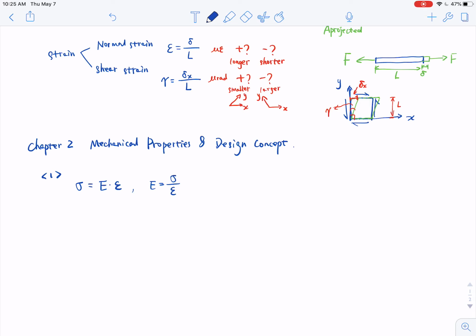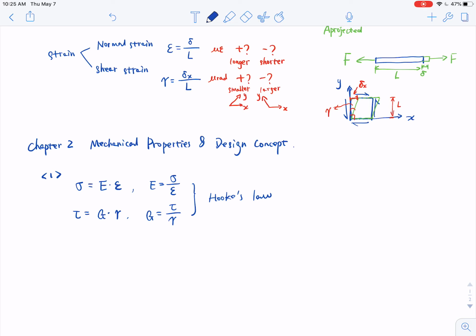In the same way, when the 2D element is subjected to shear, tau equals G times gamma. So G will be calculated by tau over gamma. Okay, this is Hooke's law.